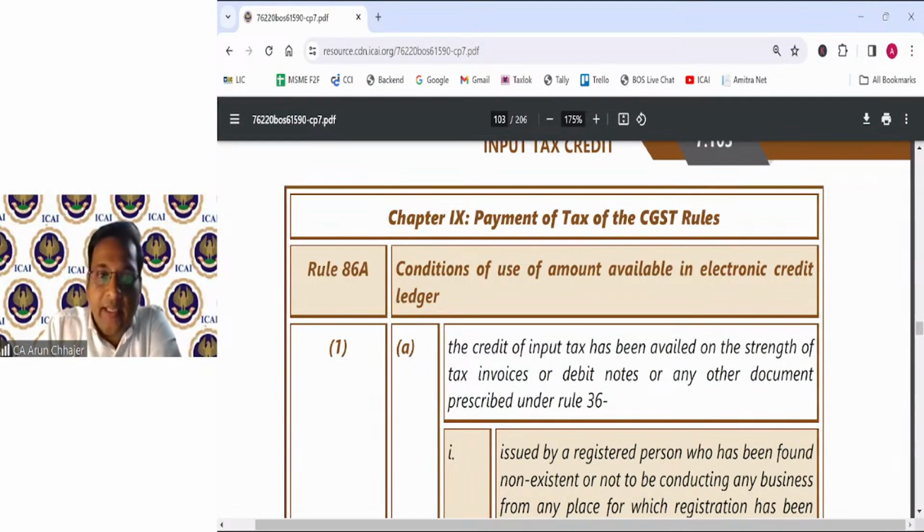So 86A is basically giving the power to the officer that they can block the ITC for 1 year. It means if they have blocked the ITC for a period of 1 year, that taxpayer cannot use the ITC for the payment of the liability.